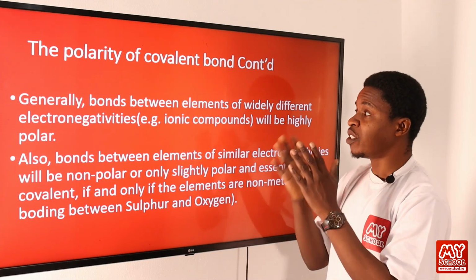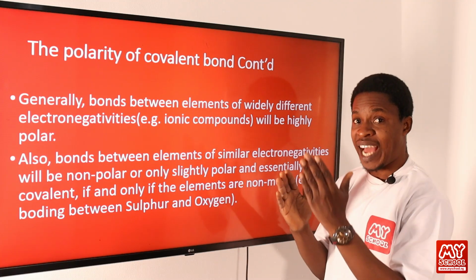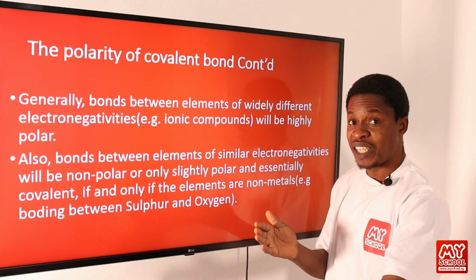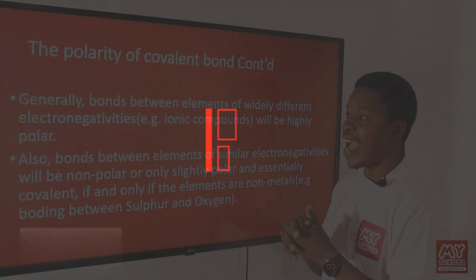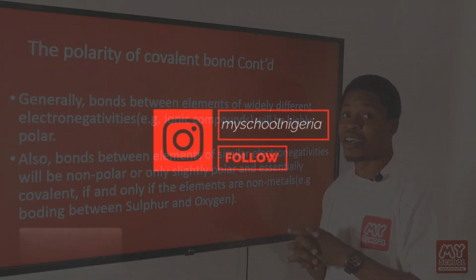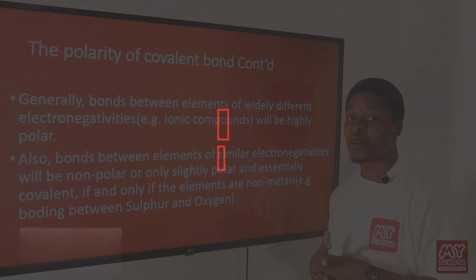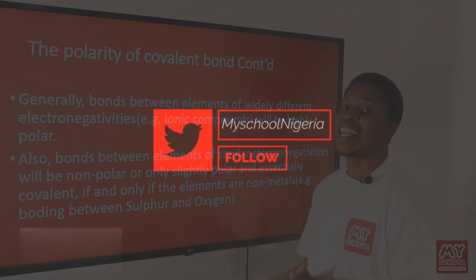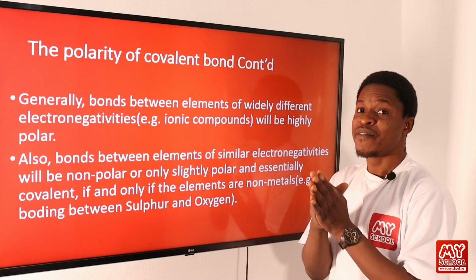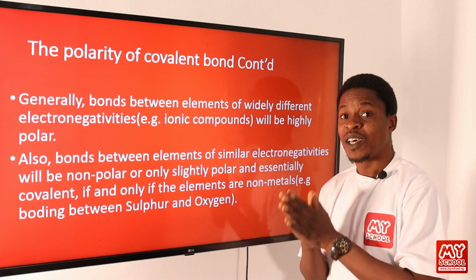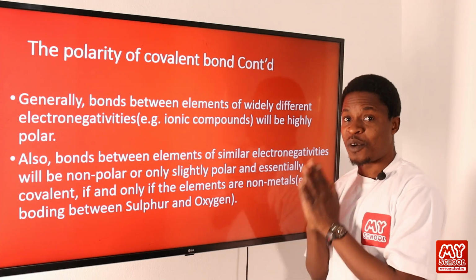So bonds between those types of elements, like ionic compounds, where the electronegativity values are far apart, will be highly polar. For instance, take sodium chloride. Sodium chloride solution will be highly polar because sodium has a lesser electronegativity value compared to chlorine.